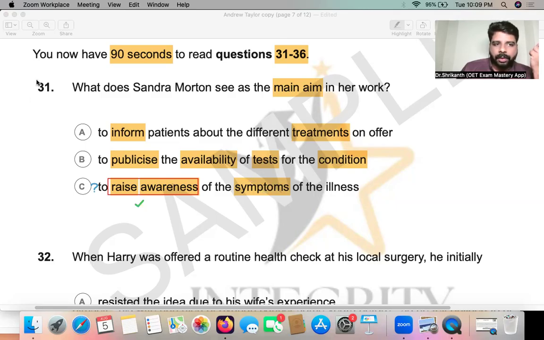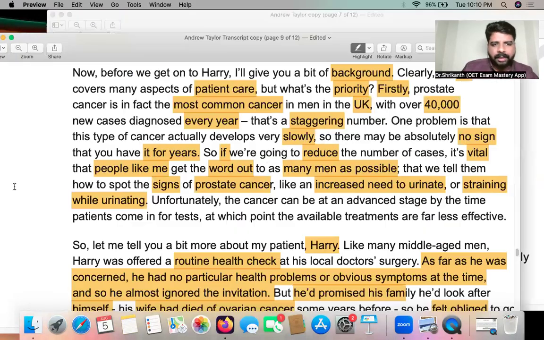What is the keyword over here? Symptoms of the illness, everything is mentioned. And that is also the main aim. So we can almost say with certainty that C is the correct answer, but for the time being, you can just put a question mark. You highly suspect that C could be the correct answer. Right. So now let's keep reading the remaining part of the audio script.